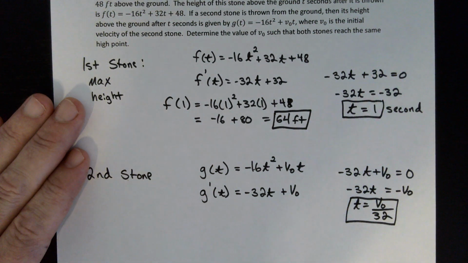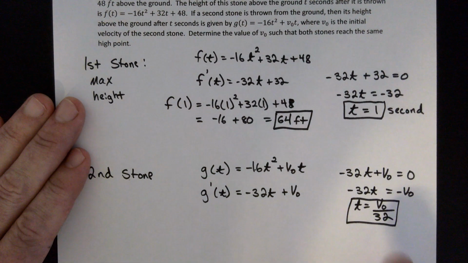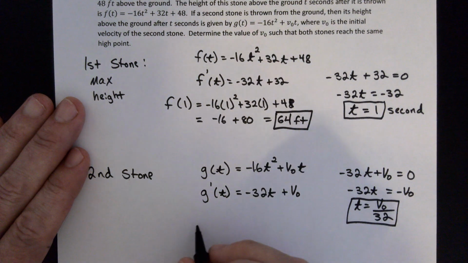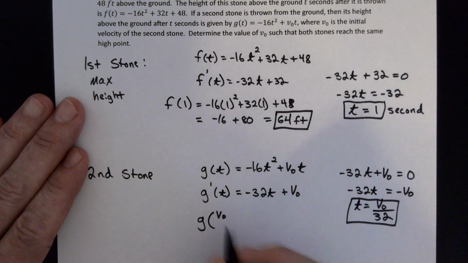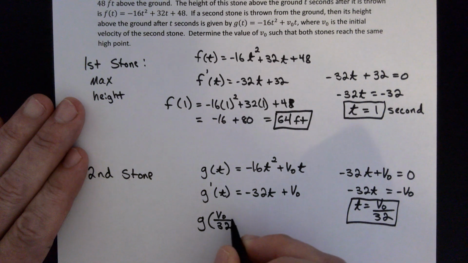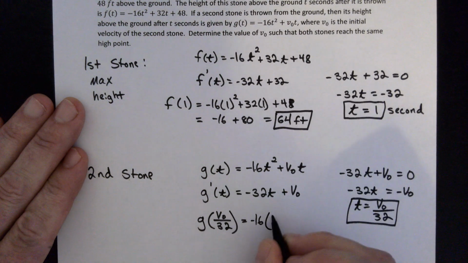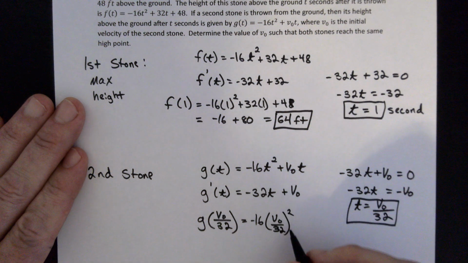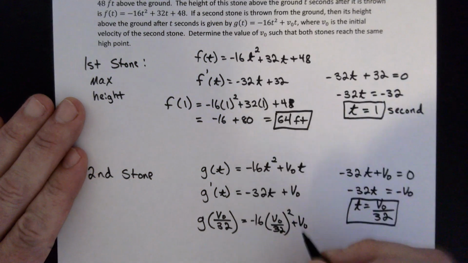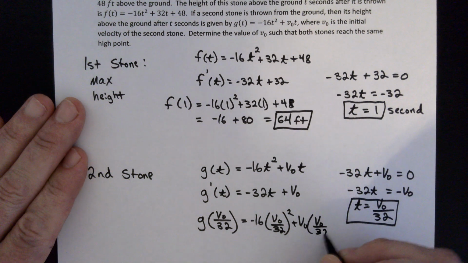Now we need to figure out what that maximum height was, so we plug it into the original function, just like we did in the last one. This time we're plugging in v naught over 32. So that's g of v naught over 32 equals negative 16 times v naught over 32 squared, plus v naught times v naught over 32.